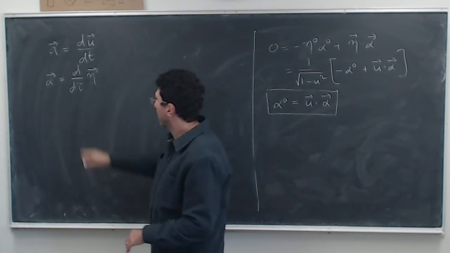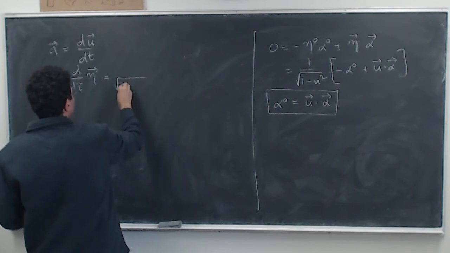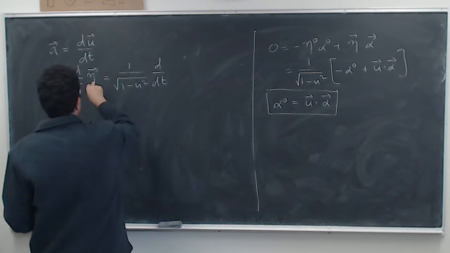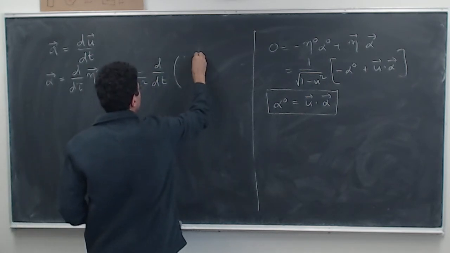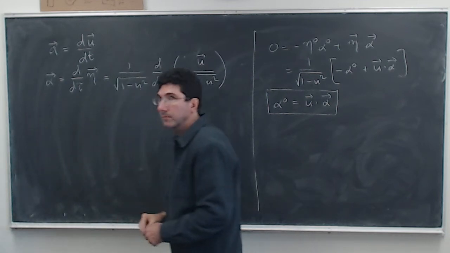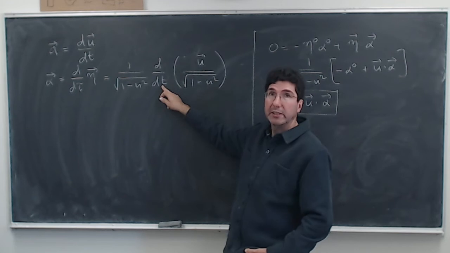And now we can just write d by d tau in terms of d by dt using the chain rule. We have 1 over square root of 1 minus u squared times d by dt. And then we write out what eta vector is. It's u over square root 1 minus u squared. Okay? And so now we just need to differentiate this, right?